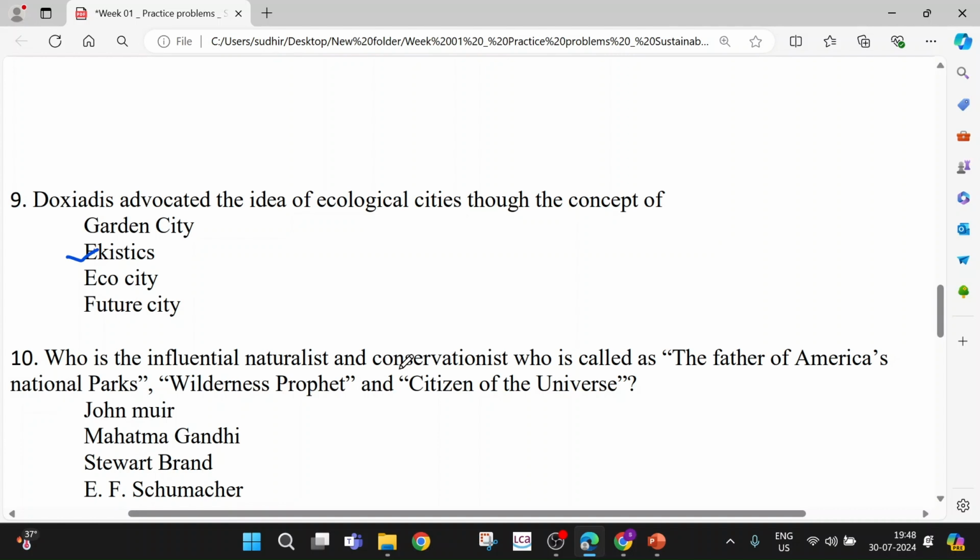Questions like question number 9 or 10 can be formed as fill in the blanks or multiple choice questions. The basic thing is that you have to go through the slides and lectures in detail and well understand the things that have been taught to you, so you will be able to answer all the questions that are asked.